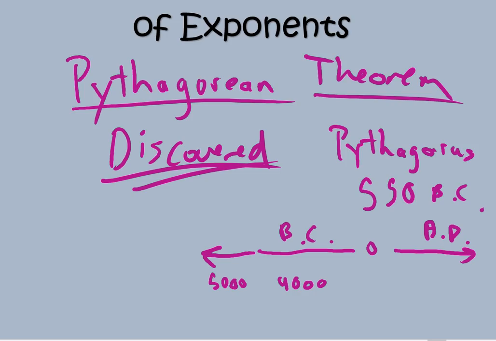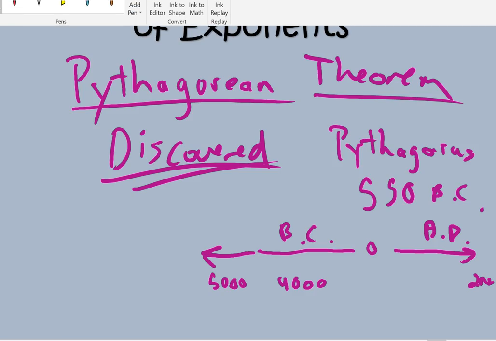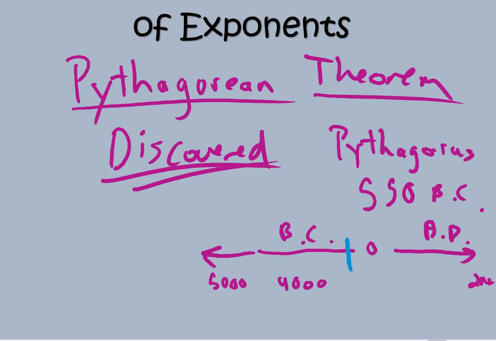And so we are now in the year 2018. So in the year 550 BC, which is about right here, this is when Pythagoras was alive, and he was in Greece, about right here. Well, like 2,000 years before that, right here, the Egyptians were doing this way before he was even born.